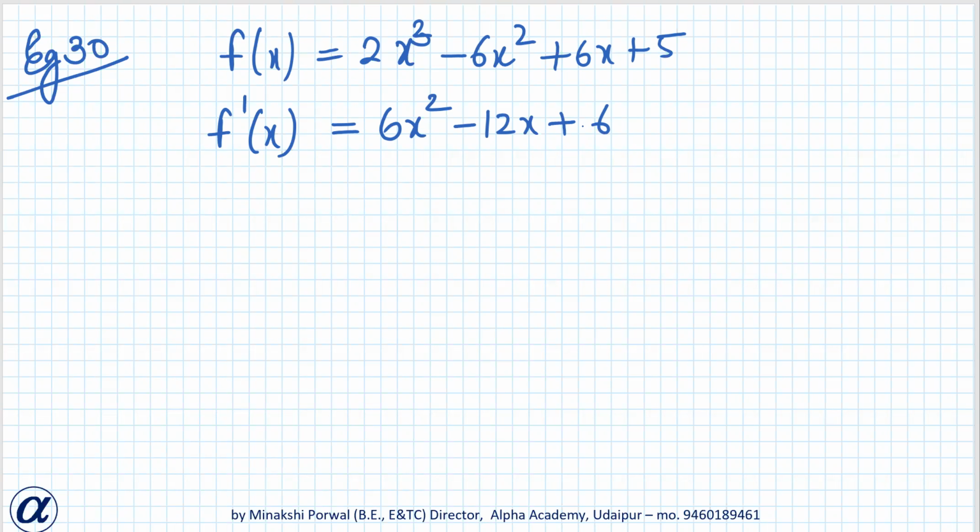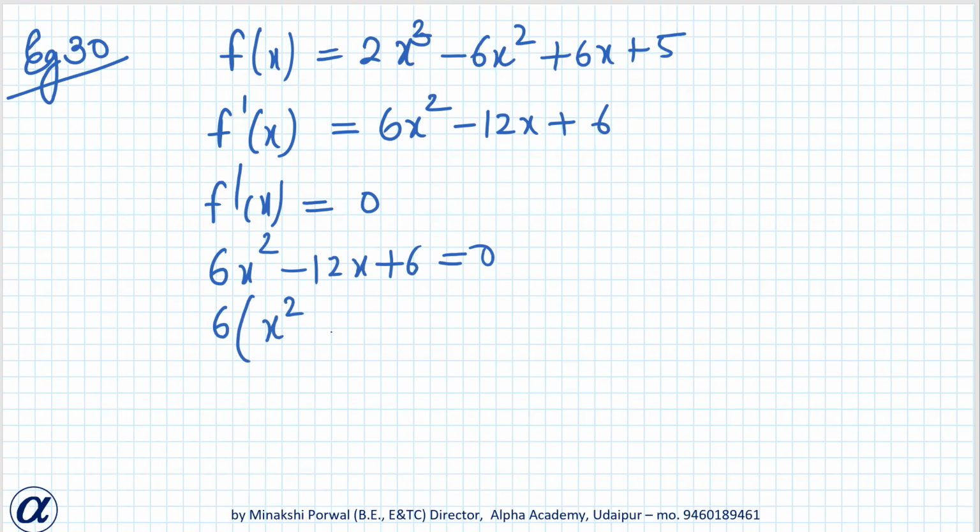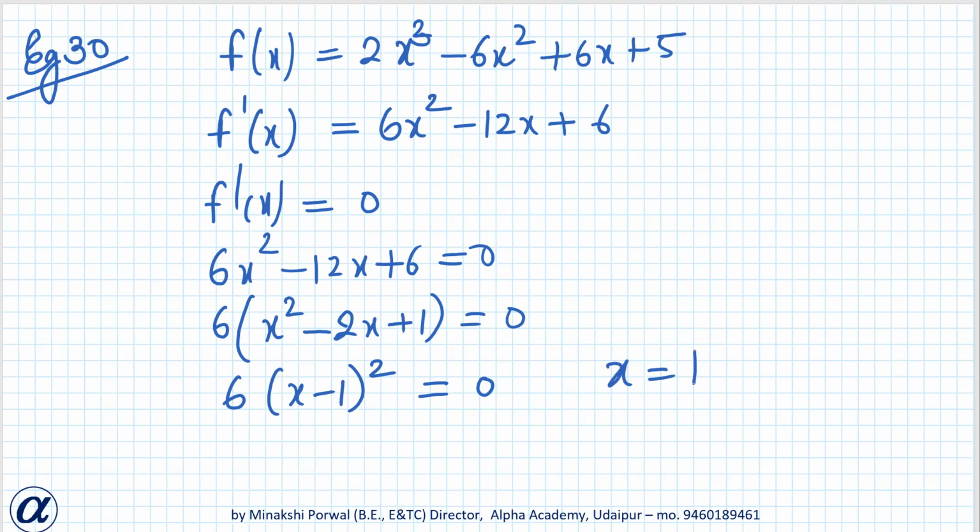Now f dash x equals to 0, so 6x square minus 12x plus 6 equals to 0. If I take 6 common, it is x square minus 2x plus 1 equals to 0, or 6 into x minus 1 the whole square equals to 0. So x is equal to 1.